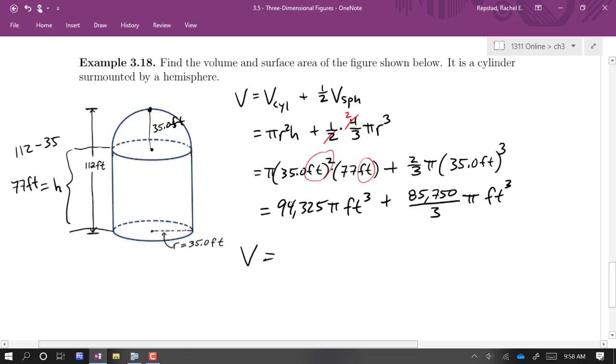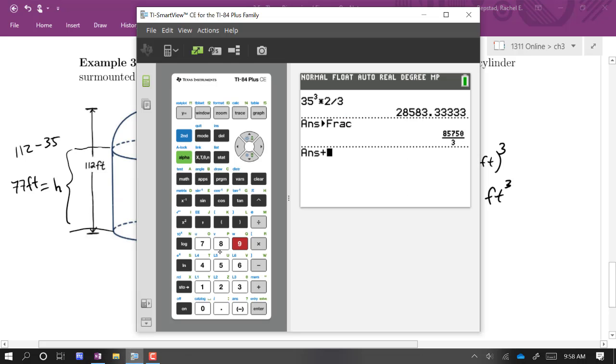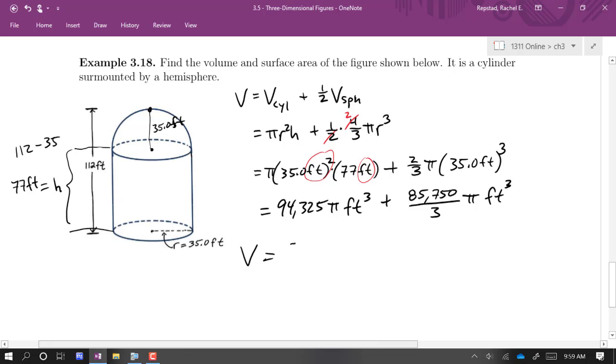So I'm going to take the 94,325, add that to 85,750 thirds, and that'll be my constant factor in front of pi. And that's 368,725 thirds pi, and that's how many cubic feet we have.